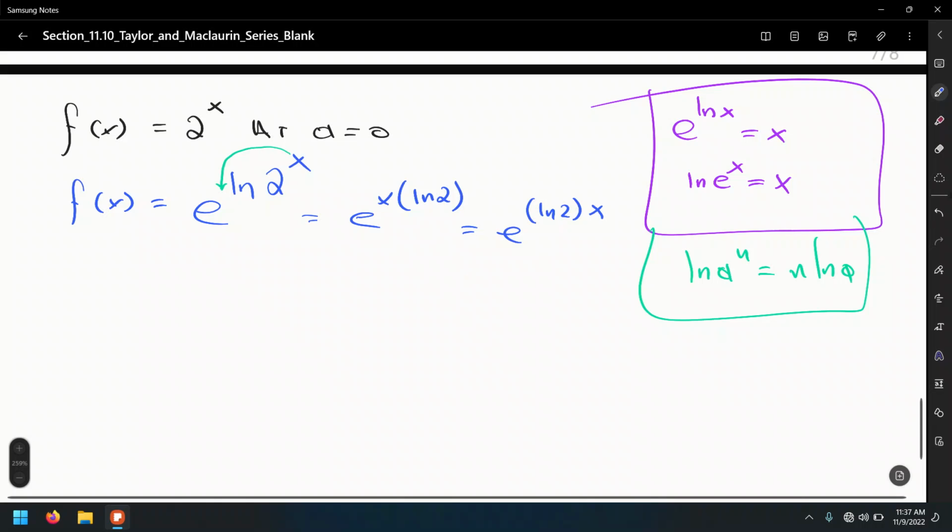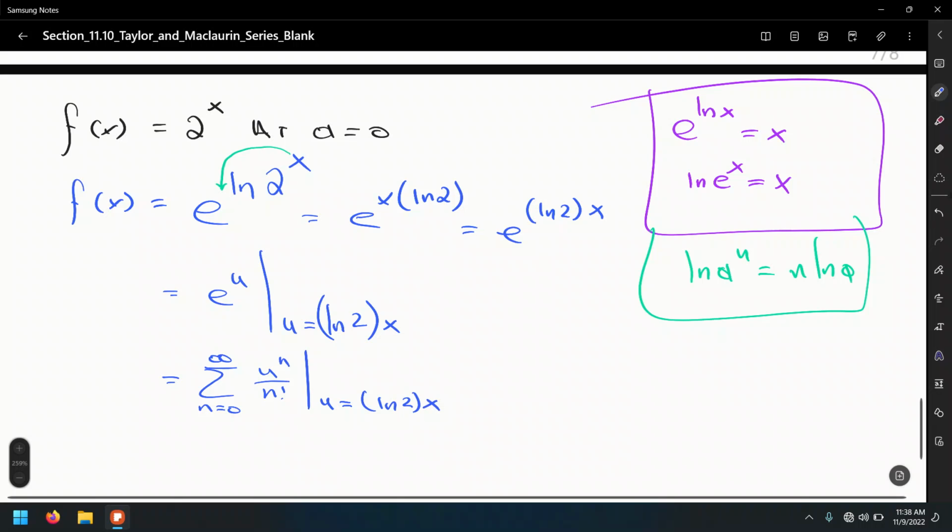And I think from here, we can already call e to the u, where u equals ln of 2 times x. And we know a power series for e to the u, which is the sum from n equals 0 to infinity of u to the n over n factorial, where u is ln of 2 times x.